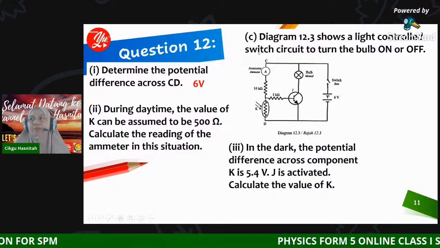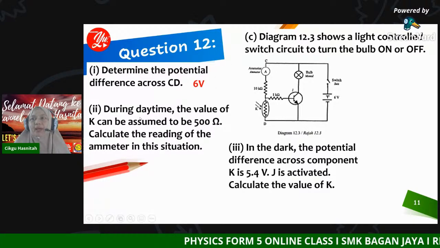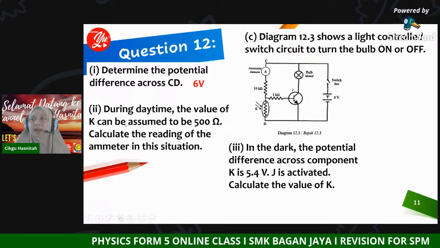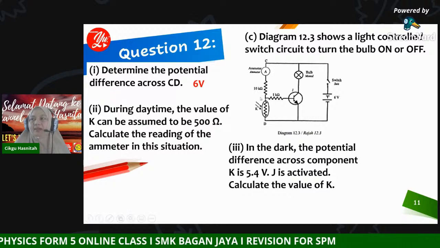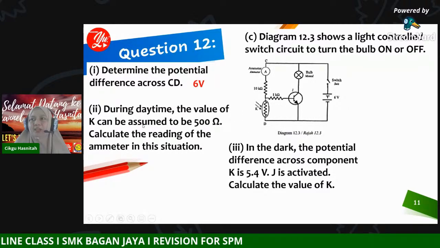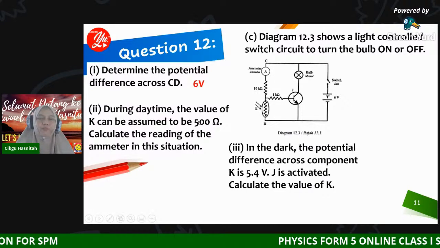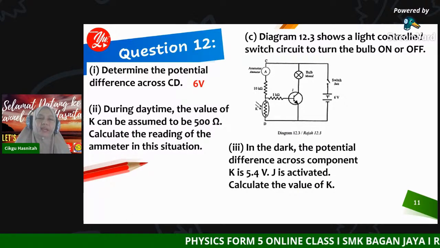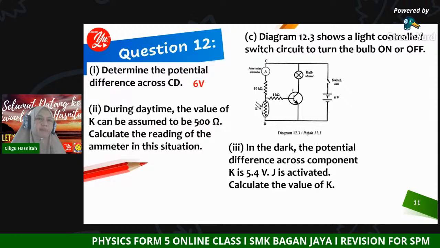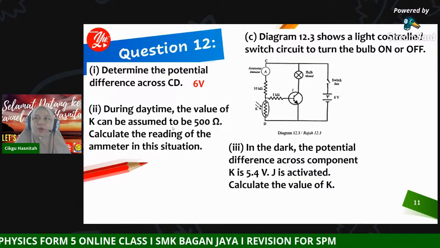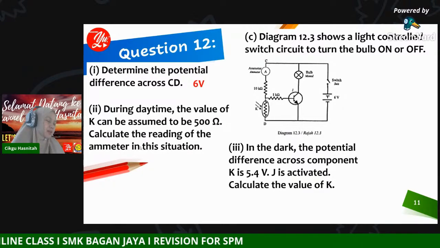Okay, so this is where we place the ammeter. So can you calculate the reading of the ammeter in this situation where K is 500 ohm?